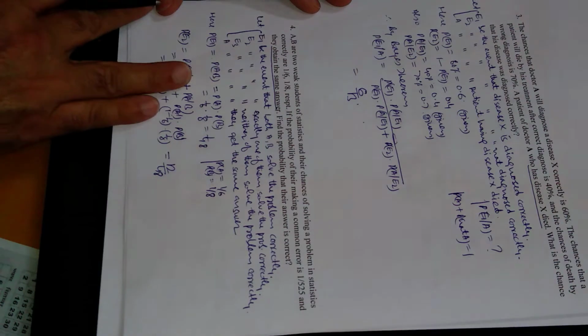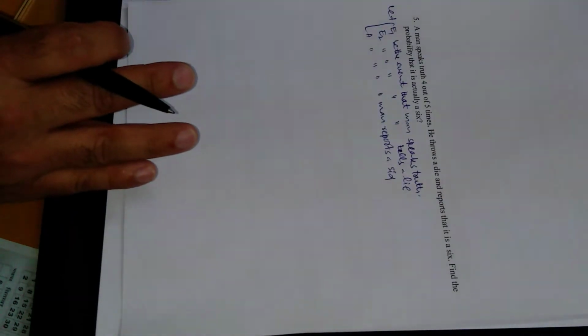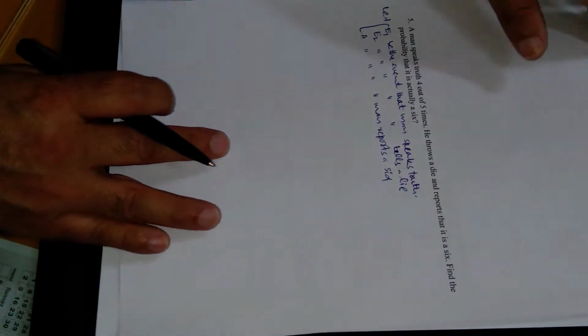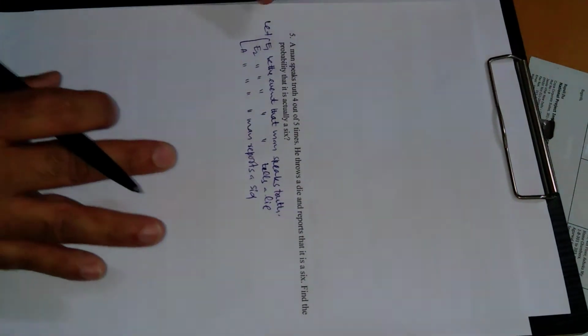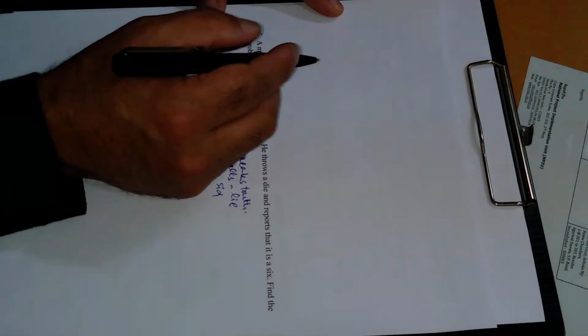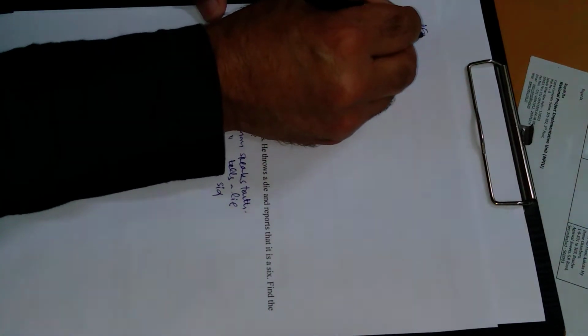Alright. Now third is E3, probability of E3. E3 means neither of them solves the problem correctly.